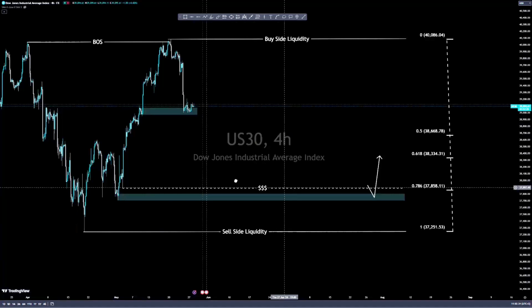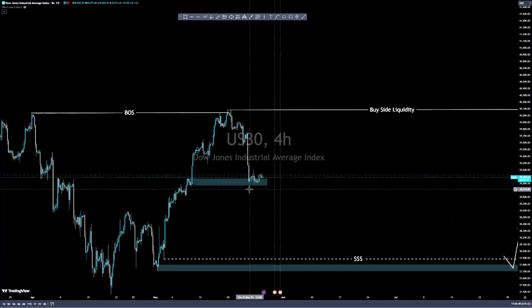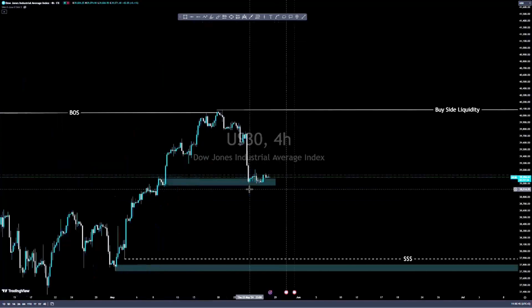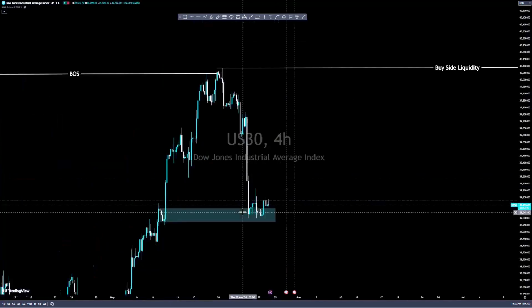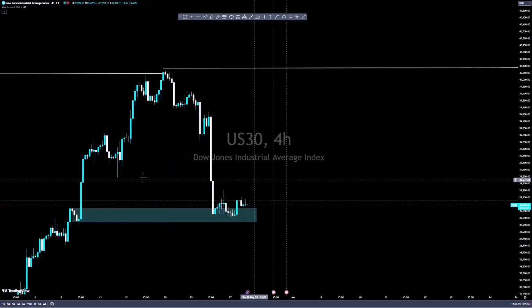So now let's come to this demand zone here. We cannot really leave this out. As you can see, this demand zone is showing some strength, and price is still liquidating a lot here. So what can this imbalance or this demand zone teach us?